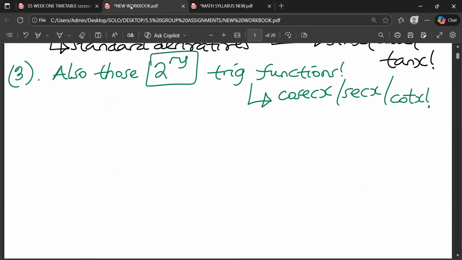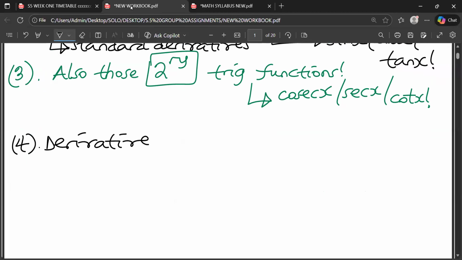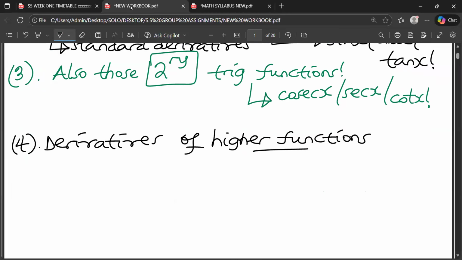So after us looking at that, we shall also look at the derivatives of higher functions. By higher functions, we mean two things.